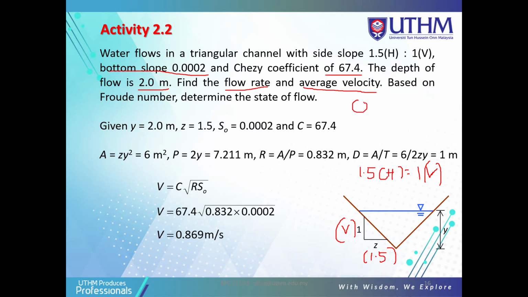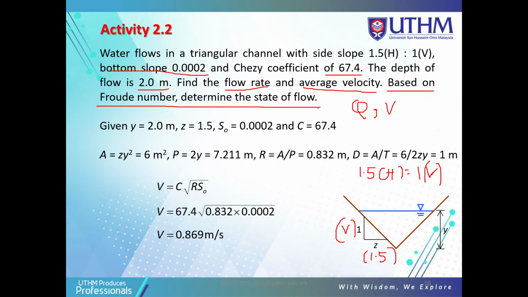So find the Q and also the B based on Froude number. So based on Froude number, you must determine the state of flow. That means you use the equation that you learn in topic 1 using the Froude number, to make sure that you know whether the flow is critical, subcritical or supercritical.